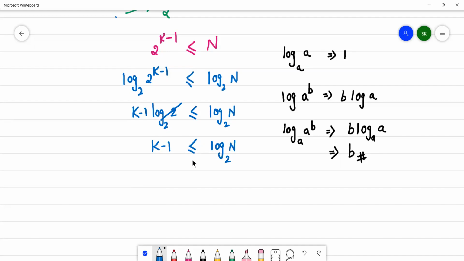I will consider the less than gone and just consider equal to as of now. k minus 1 is equal to log base 2 of n. We need to find the value for k. So here you will get your value as log base 2 of n plus 1. Are you all able to get this?